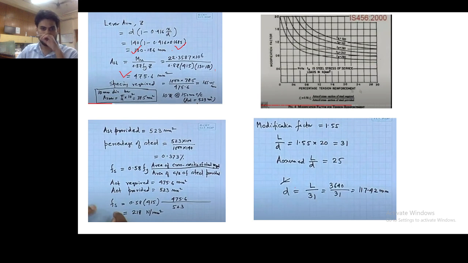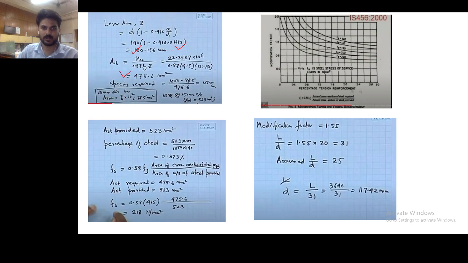So for the spacing, it's easy to calculate spacing required, which is equal to 1000 into whatever the steel reinforcement you are providing, that area. So let's consider I am providing the 10 mm dia bar. So the area of the 10 mm dia bar becomes 78.5 mm square.